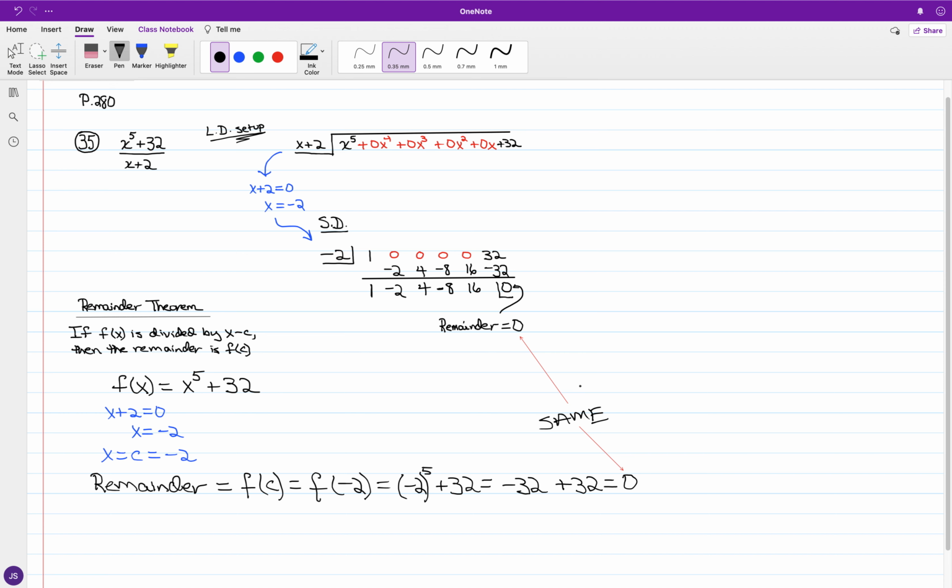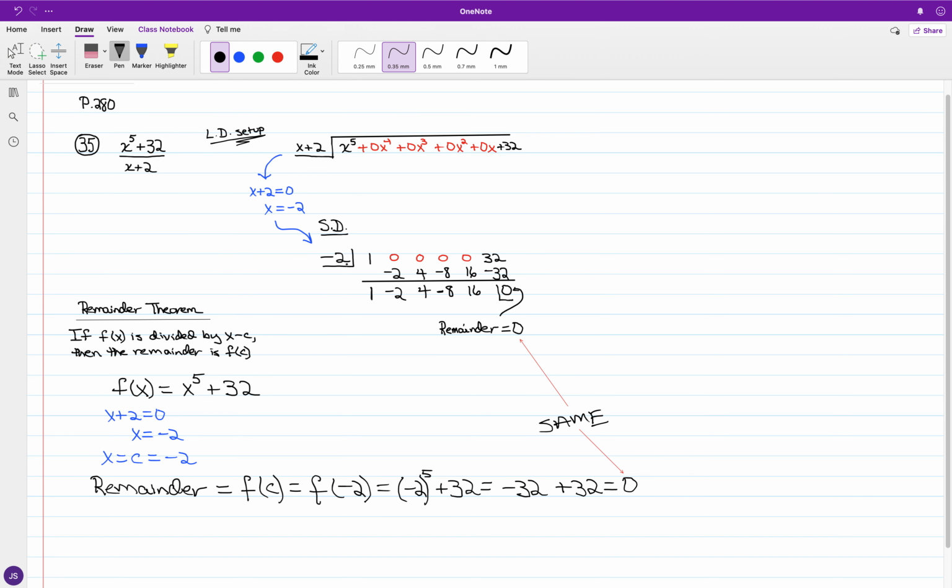So you have the remainder to be 0 whenever x to the fifth plus 32 is divided by x plus 2. You could take long division, synthetic division, or since the divisor is first degree, it's going to be at the 0 of the divisor that you can get the remainder upon taking the value of the function whenever the input is the 0 of the divisor.